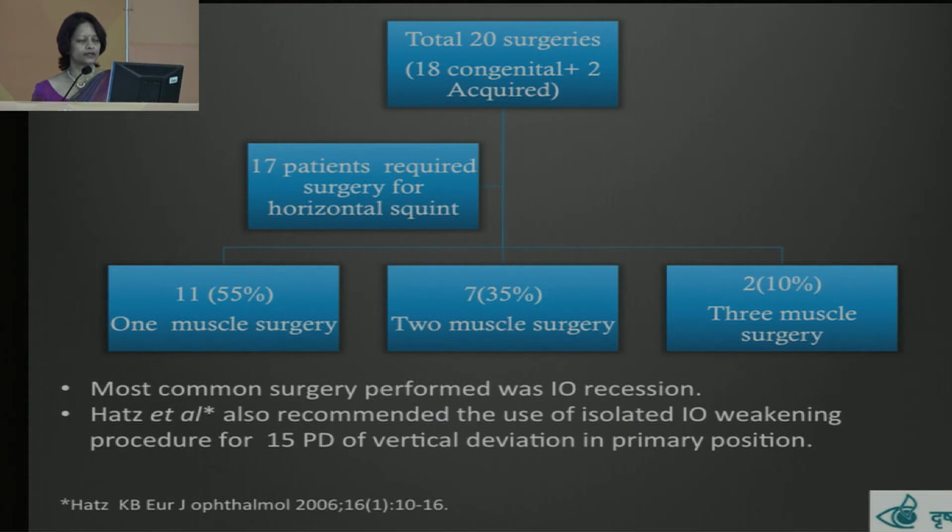Of the 20 surgeries we did, 18 were for congenital and 2 were for acquired. 17 patients also required surgery for associated horizontal squints. Of the vertical muscle surgeries we did for superior oblique, 55% required only one muscle surgery, and the most common muscle was inferior oblique. 35% required 2 muscles, and 10% required a 3 muscle surgery.